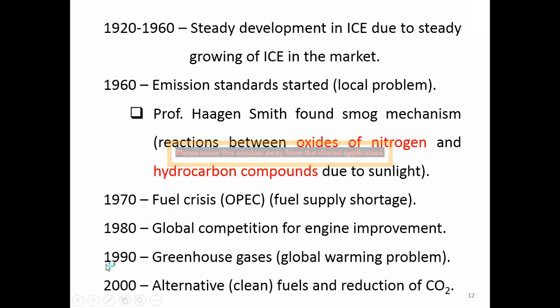And then another problem hit the internal combustion engine, and this is the biggest one, because in 1990 people started to recognize greenhouse gases. Greenhouse gases involve what? They involve carbon dioxide, right? When we do combustion, there is always carbon dioxide. And carbon dioxide is considered one of the greenhouse gases that create the global warming problem.